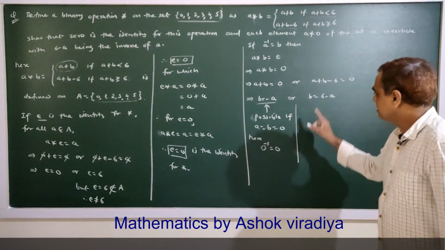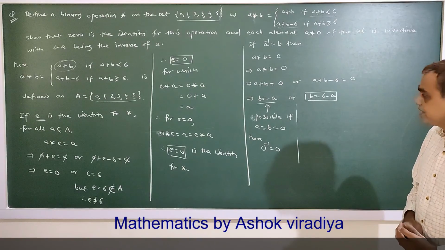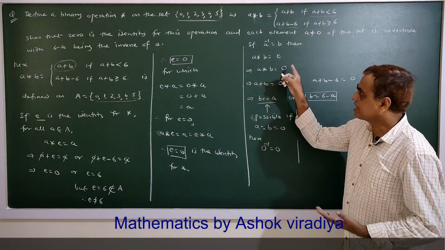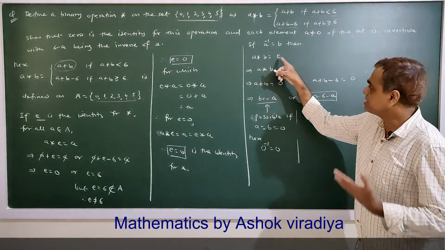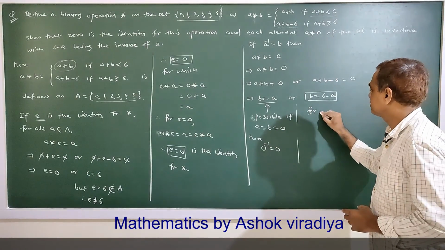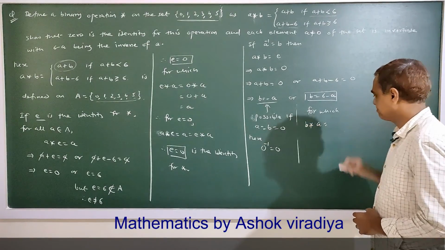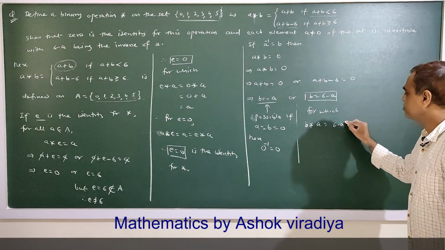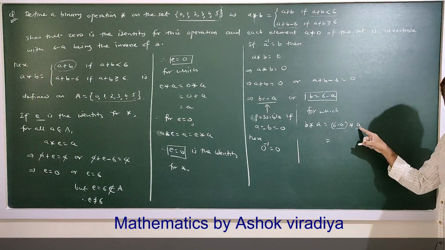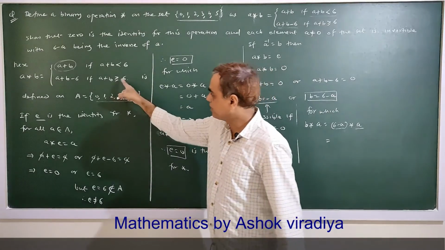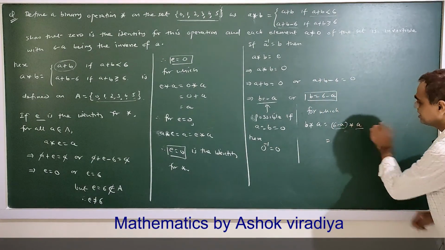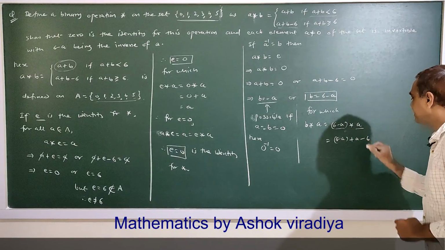Now on this side, if B is 6 minus A, then for this number we verify B star A equal to E. This is derived from A star B equal to E. Now we verify this value for B star A equal to E. B star A is 6 minus A star A. Now the sum of these numbers is 6, and if the sum is equal to 6, then we use this formula: A star B is A plus B minus 6.